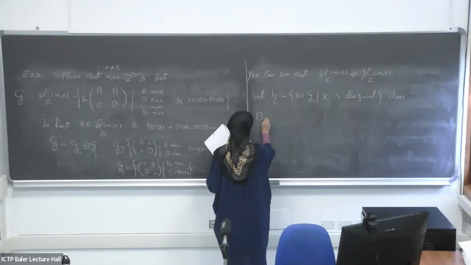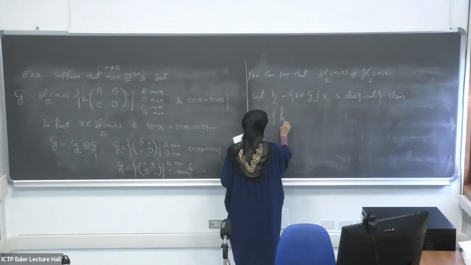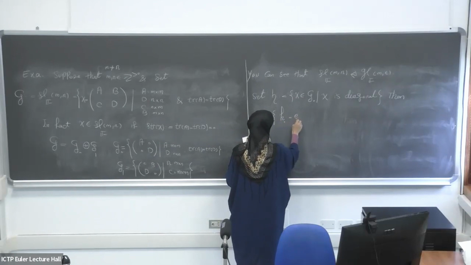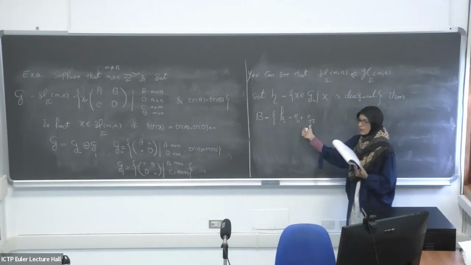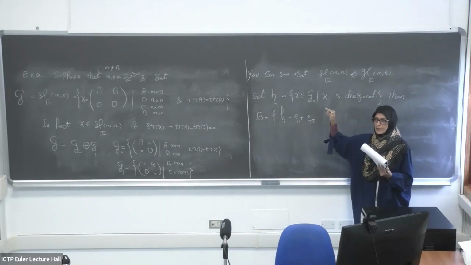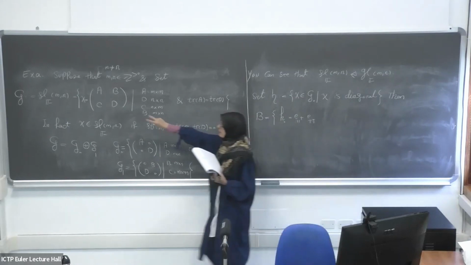H is spanned by E11 plus E1bar1bar. Again, when I put a bar on a number, I mean that we are in this block.